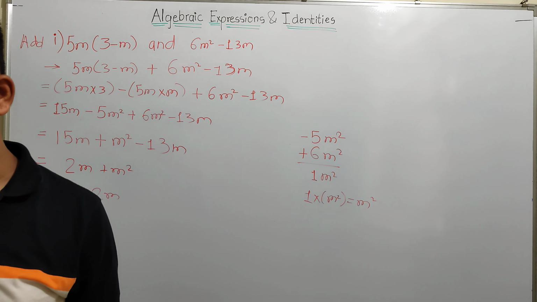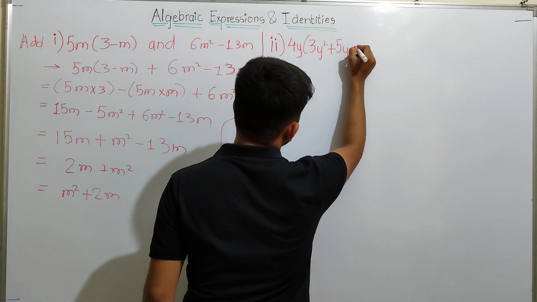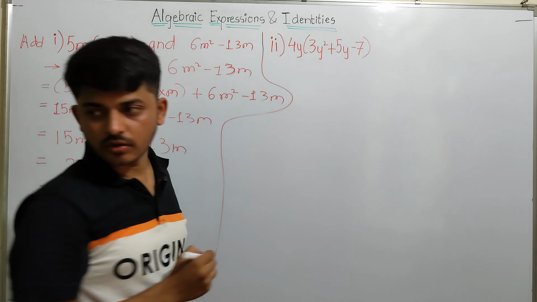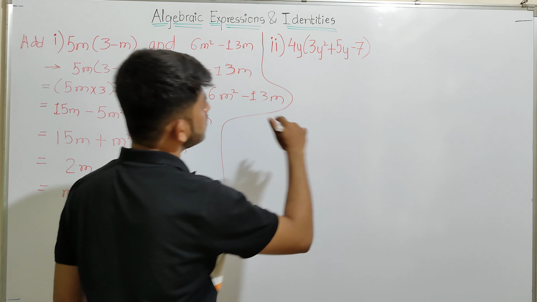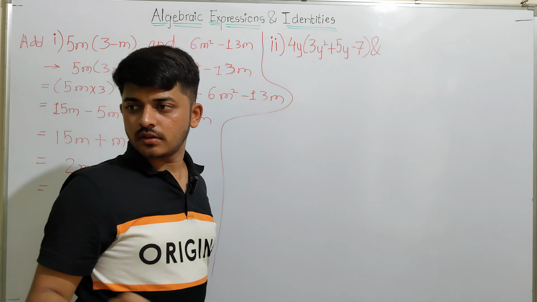So the second one: 4y into bracket 3y square plus 5y minus 7, and 2 into bracket y cube minus 4y square plus 5.